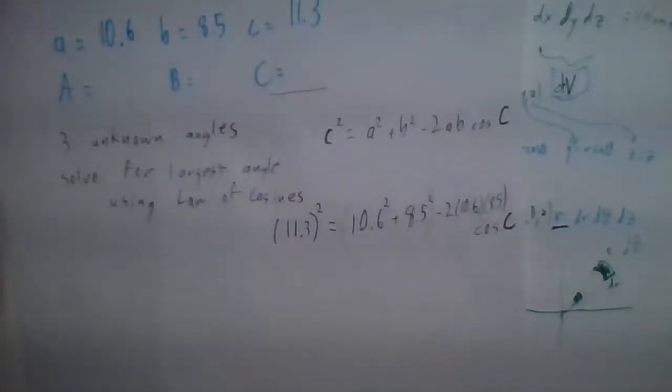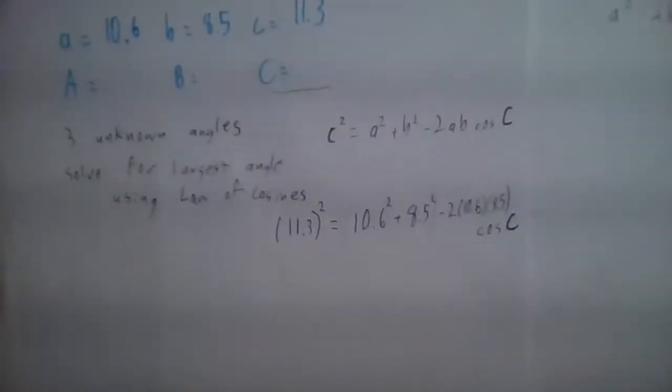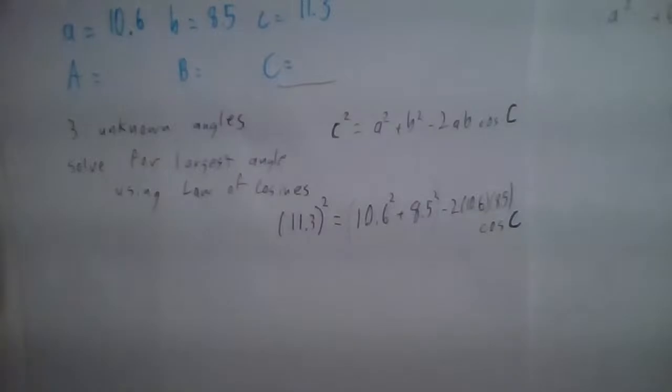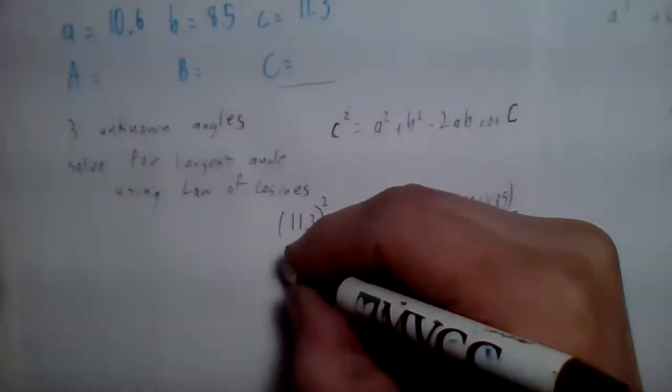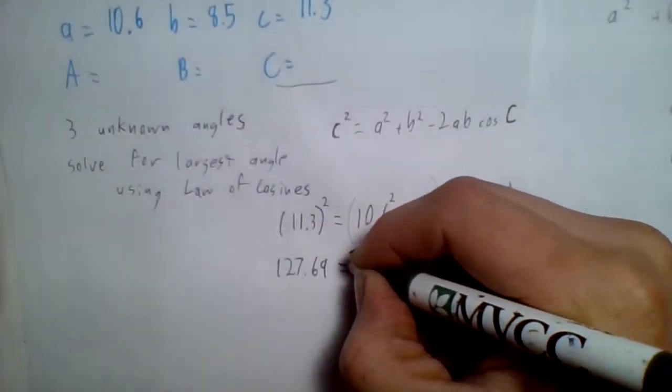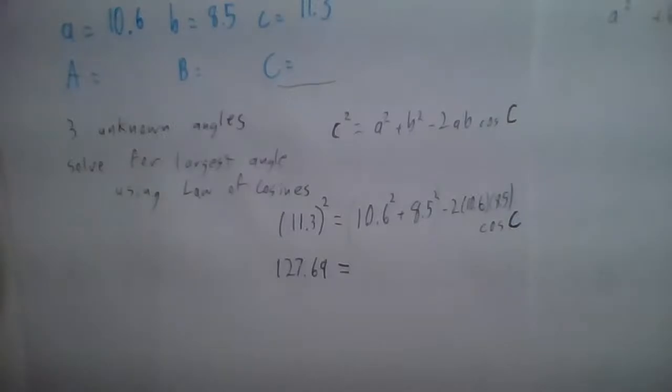The way that I wrote it didn't help there because I ran out of space, but I'm going to do this calculation. So 11.3 squared is 127.69. Trying not to do too many calculations at a time. Keep to a few operations at a time in a calculator so you don't get messed up with your parentheses and whatnot.